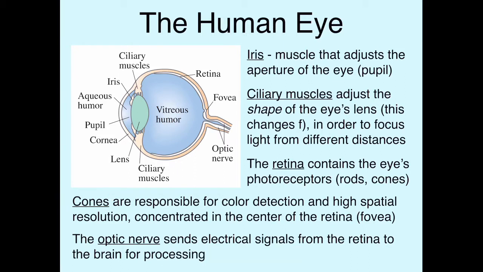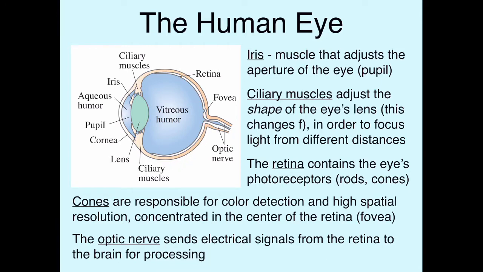And they also are responsible for detecting things with high spatial resolution. So when you see things in a lot of detail, your cones are responsible for that. So the cones tend to be concentrated mostly in the very center of the retina, which is what we call the fovea. The rods, which don't detect color, are more spread out throughout your entire retina.